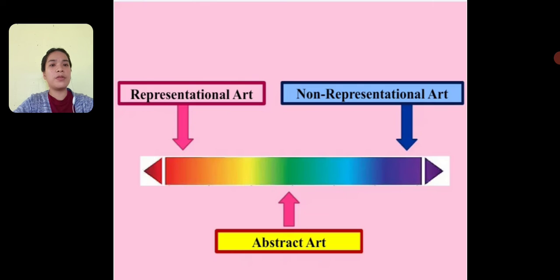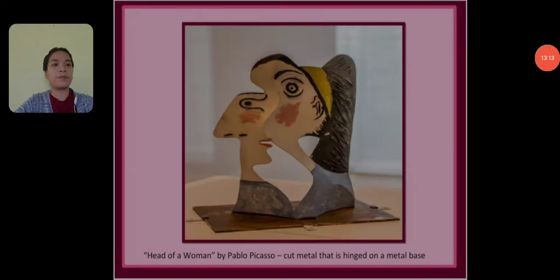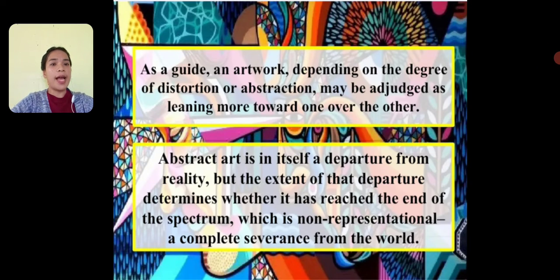This is an example of abstract art: Head of a Woman by Pablo Picasso, a cast metal piece mounted on a metal base. As a guide, an artwork, depending on the degree of distortion or abstraction, may be adjudged as leaning more toward one over the other.